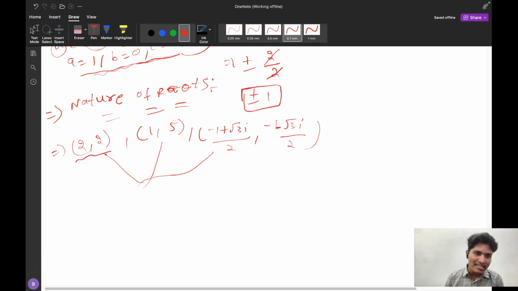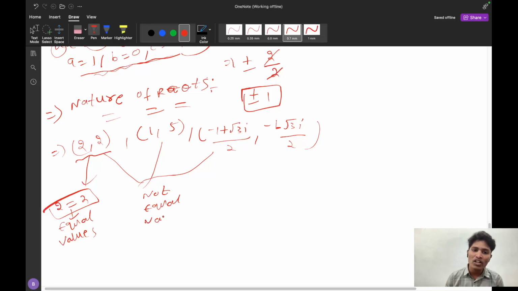The 2, 2 pair: these 2, 2 are equal values. And 1, 5 are not equal values, but real values. Those are real numbers.